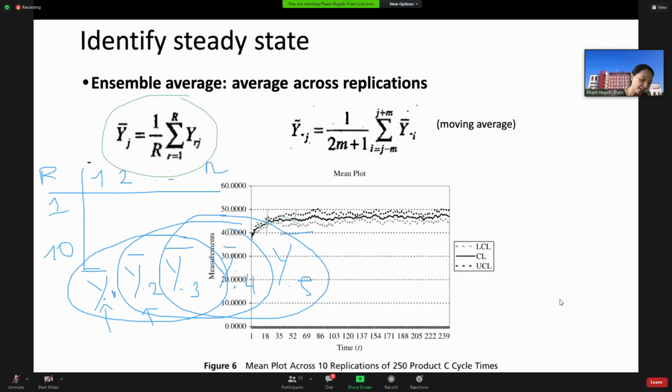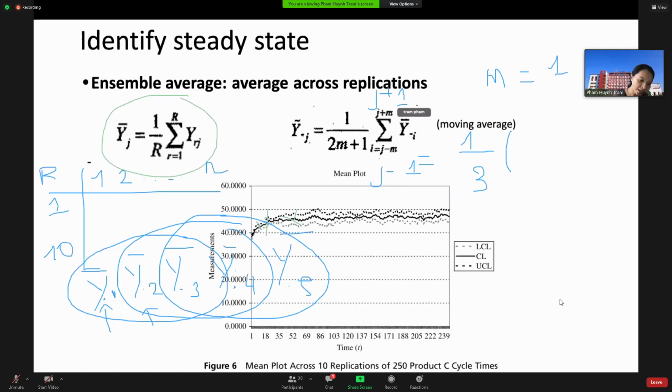Let's take an example. Let's say n equals 1. Then the equation becomes: the average of entity j equals 1 over 3, with i running from j minus 1 to j plus 1.